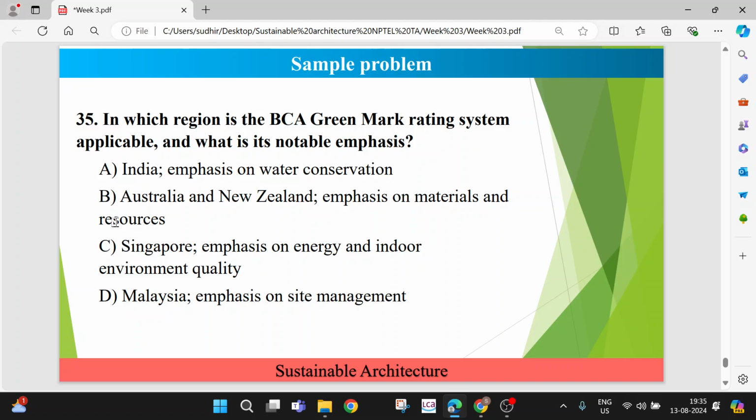Is it Australia, New Zealand? No. Sarath is giving option C, and option C is the right answer.